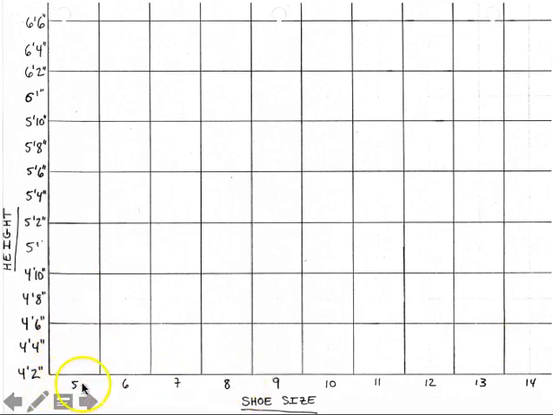So here's across the bottom shoe sizes, and here's going up height. So you see 6'4", be 6 feet 4 inches, and so on. So you're shorter on this end, you're taller on this end, your foot is smaller on this end, your foot is bigger on this end. So let me ask you, what would you predict about shoe size? What kind of relationship is this?